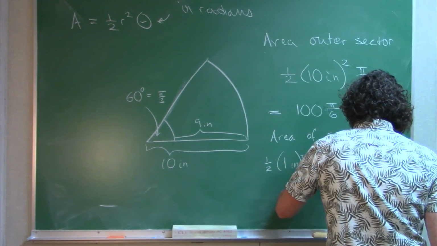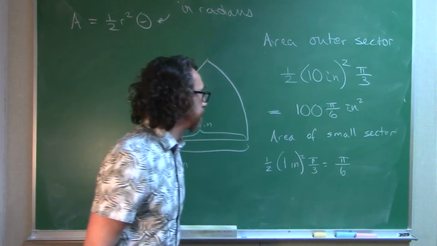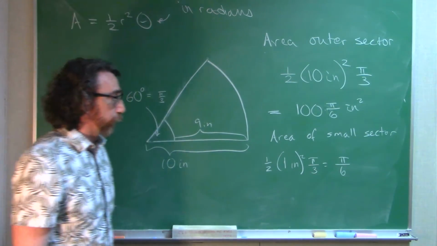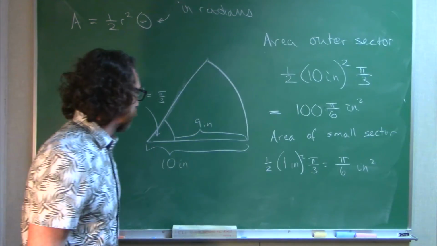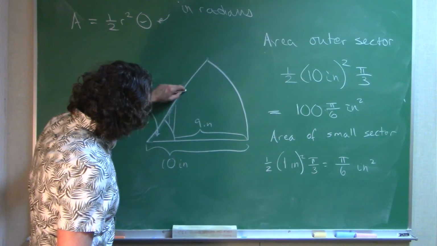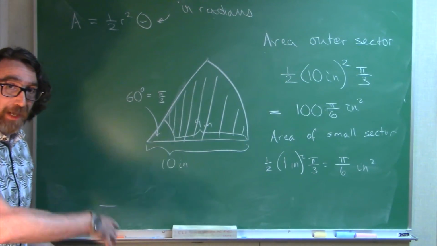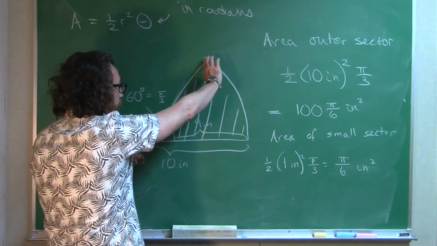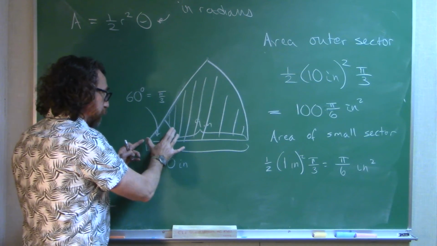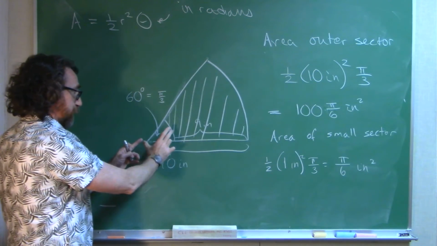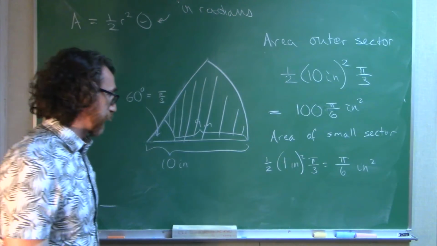And theta is still pi over 3, so this is pi over 6 inches squared. Okay, so the area cleaned off by the wiper blade, which is here, we can find that by doing a subtraction. Okay, we know the area of the entire wedge-shaped sector, and we know this area. So if we take the area of the entire wedge-shaped sector and subtract off that little part, it'll give us the shaded region that we're looking at.